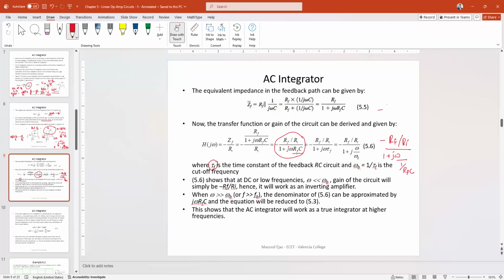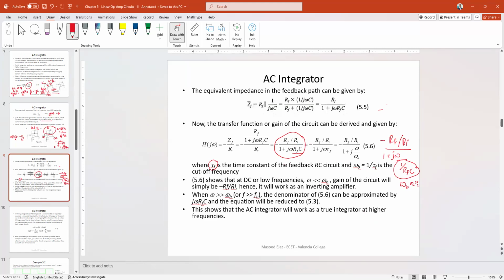It's the same equation. Instead of writing omega RFC, I write omega over 1 over RFC, and this is going to be the breaking frequency or cutoff frequency. Because if you look at the expression, it is like a low-pass filter expression.